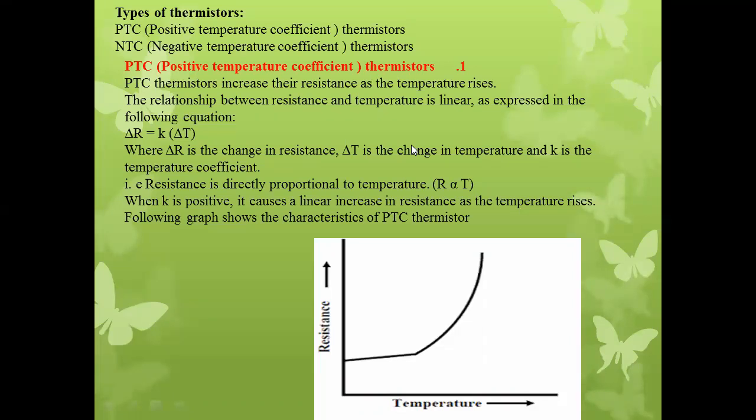The value of K for the positive temperature coefficient thermistor is positive. It causes a linear increase in resistance as temperature rises.